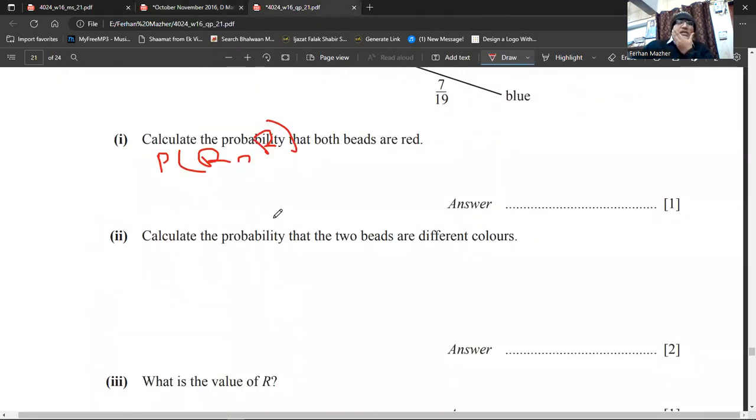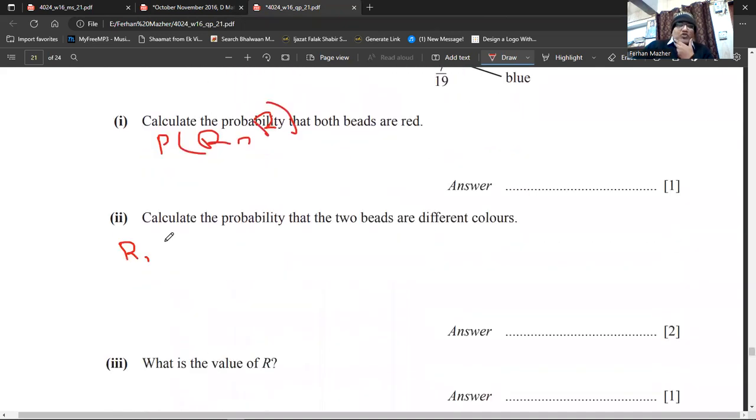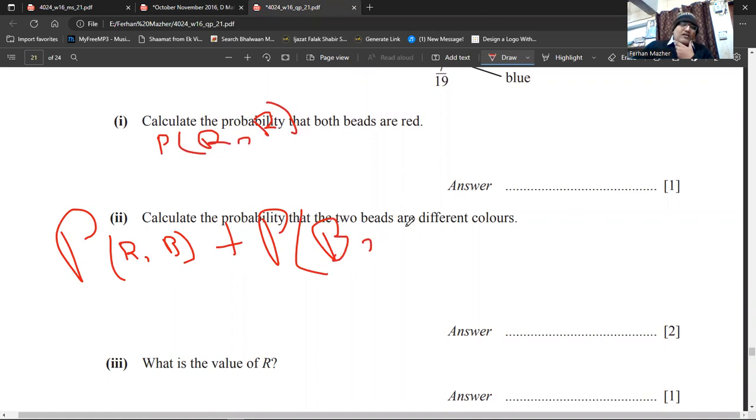Okay, calculate the probability that the 2 beads are different colors. What do you mean by different color? It can be red comma blue, probability of the red comma blue, plus the probability of blue comma red.